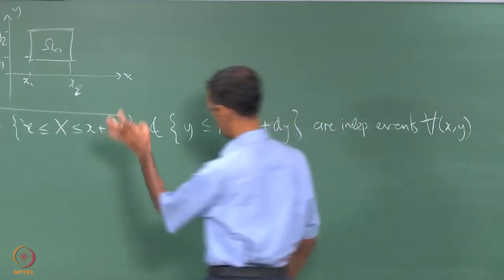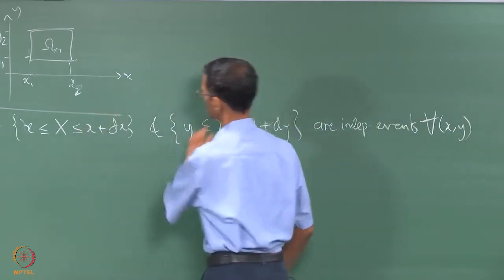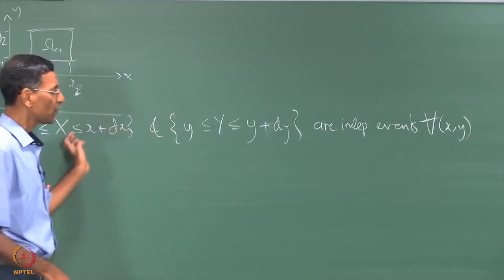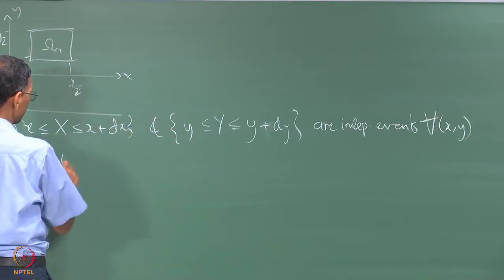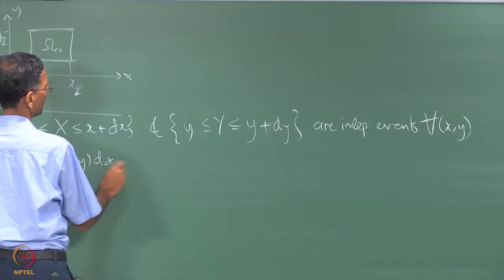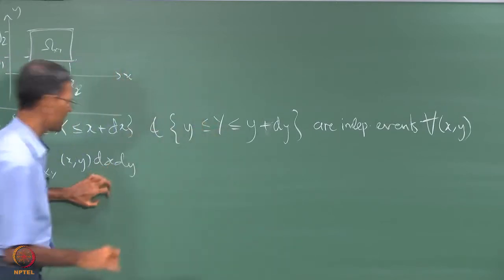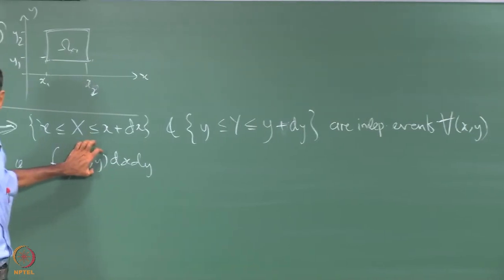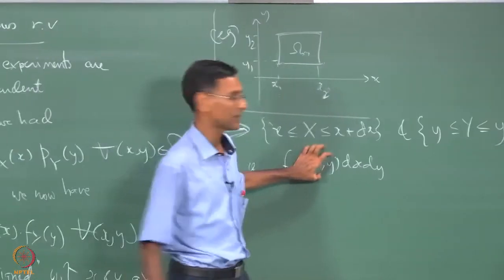If you look at the joint probability of this, by the definition of the joint density function, it is always f_XY(x,y) dx dy.